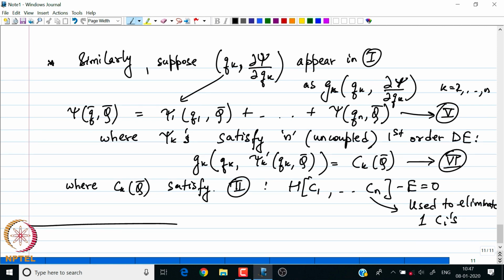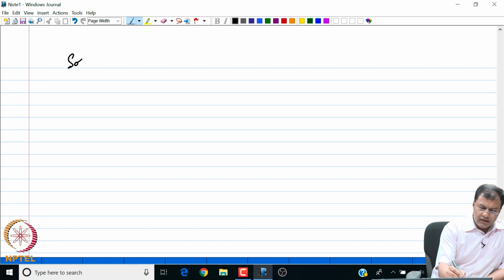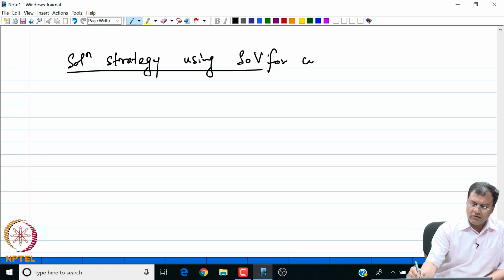So far I have described the general methodology of the separation of variables for conservative systems. So, let me summarize. So, solution strategy using separation of variables, right, for conservative systems.